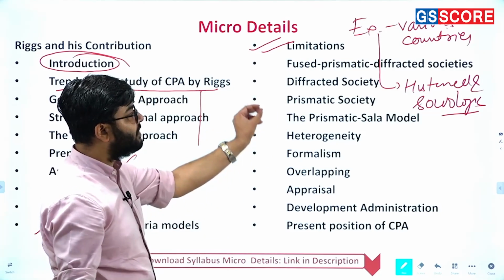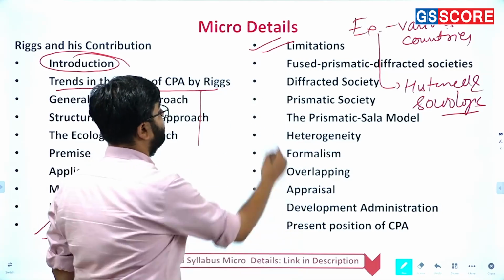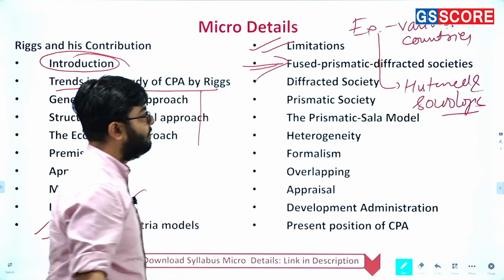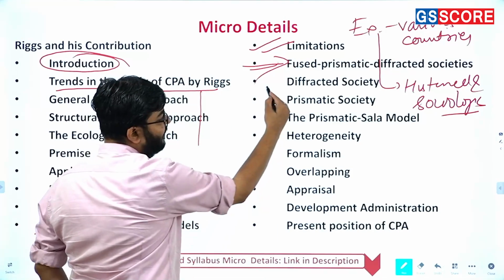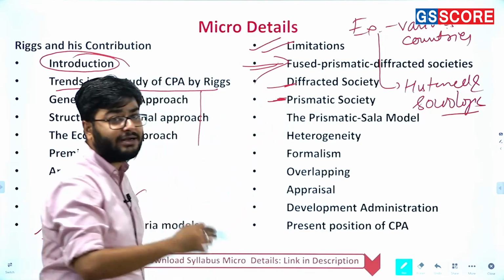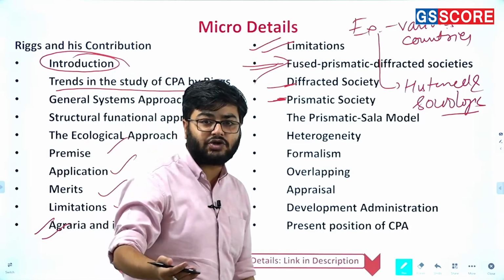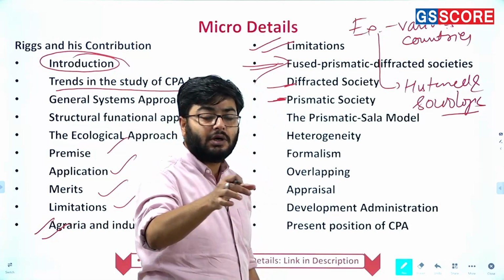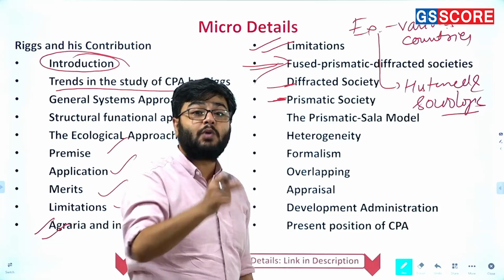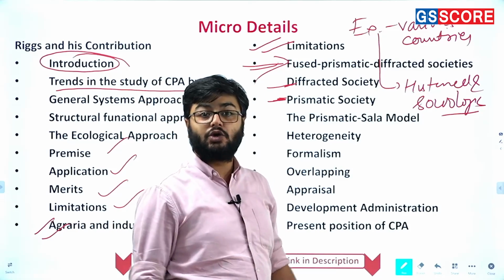The fused, prismatic, diffracted model and their individualistic characteristics. What do we understand by a diffracted society on which those models are being applied to study them?